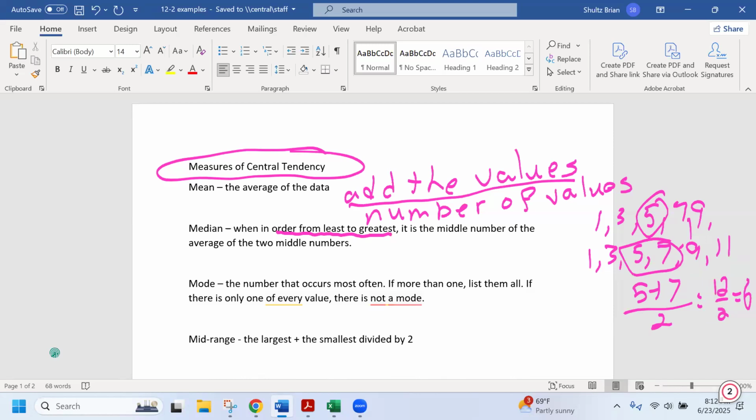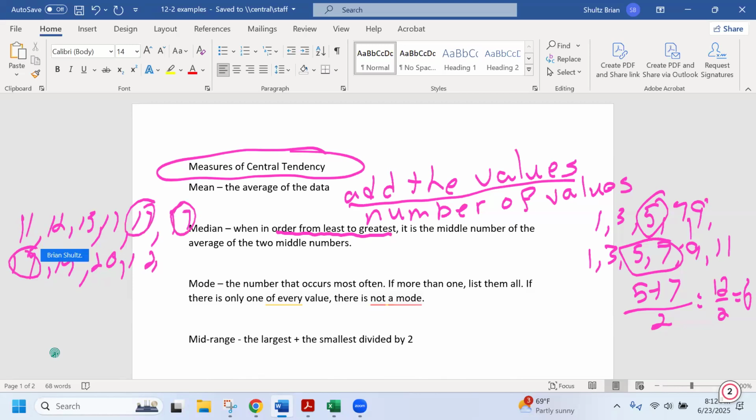The mode, the number that occurs most often. In these two examples I have over here, there is no mode. A mode is a number that occurs more than once. Like if I had the list 11, 12, 13, 11, 17, 17, 17, 19, 20, 12. The mode in this case, I've got 17 three times. I do have 11 twice, but it's not three times, so 17 is my mode.